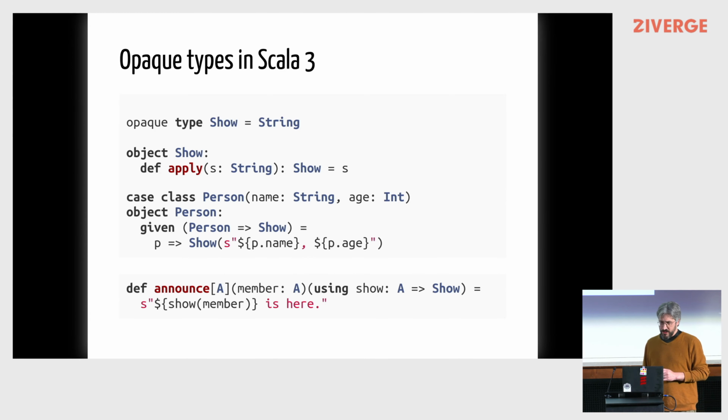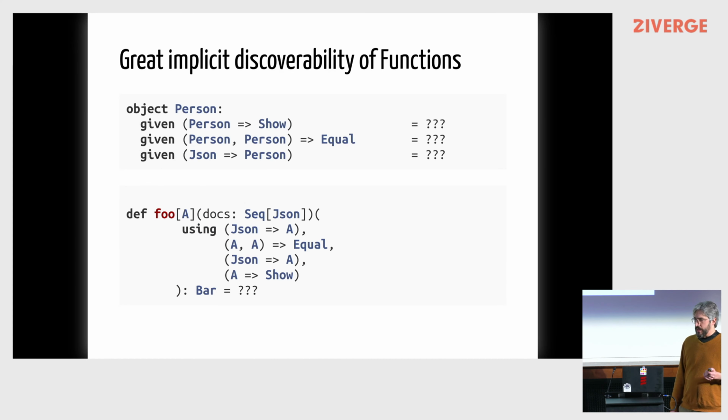So how would you use it? Obviously, we cannot use context bound with this, but we just pass the instance for the function, so that's good enough. In Scala 3, I was very pleased that the discoverability of the implicit functions is very good.